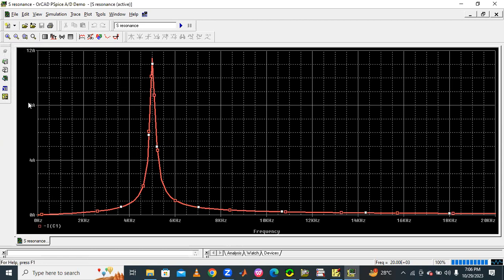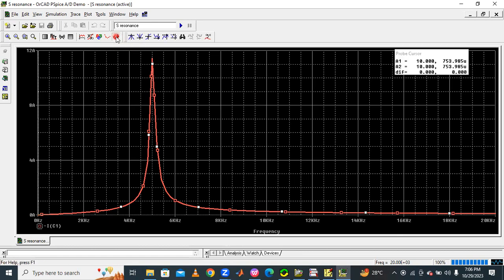If you want to know what is the value of current under resonance condition and what is the resonance frequency, enable this toggle cursor, then this is called cursor peak. Press this cursor peak and mark label, and then it displays like this.